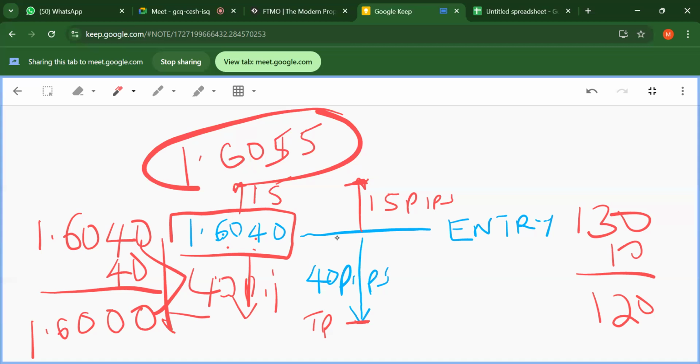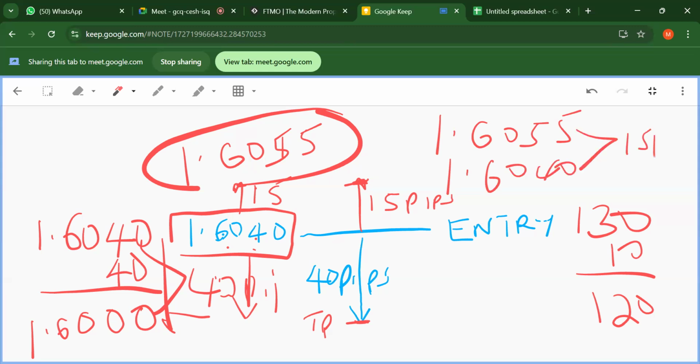But if it goes up by 15 pips, when it gets to 1.6055, I will have lost 15 pips. And if you want to confirm, you subtract 1.6055 from where I entered at 1.6040. You'll still end up with 15 pips, which was your stop loss.